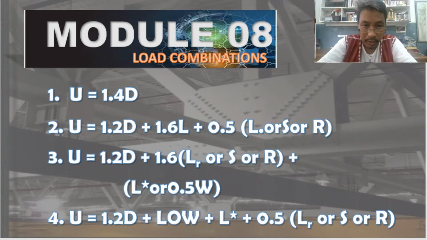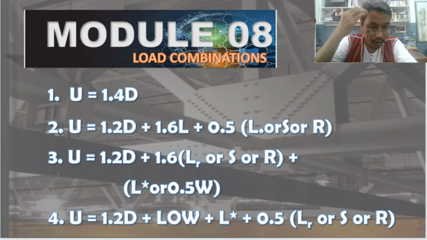Take note. You have to memorize this equation with the name of the equation. What is the name of the equation? Equation 1. That is the name. Equation 2. Whenever I say equation 1, you should instantly be able to recall that 1.4 dead load is equal to U. Required strength is equal to 1.4 D. If I say equation number 2, required strength is equal to 1.2 D plus 1.6 L plus 0.5 LR or rain.